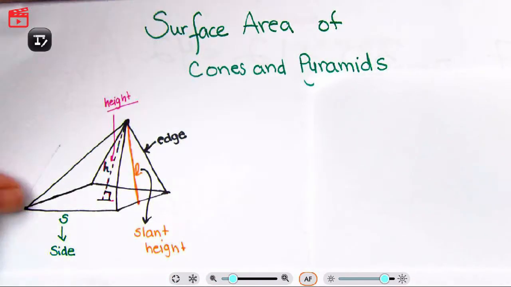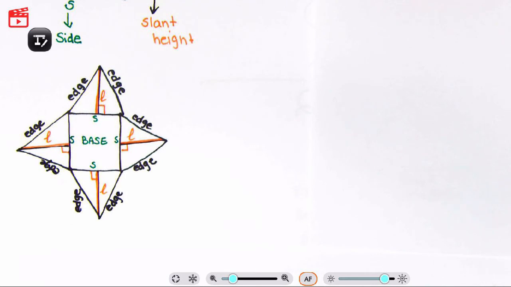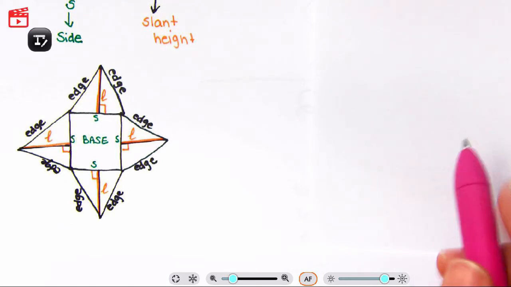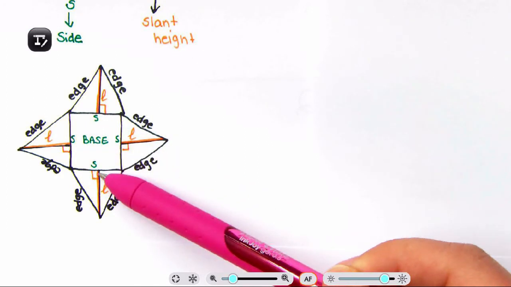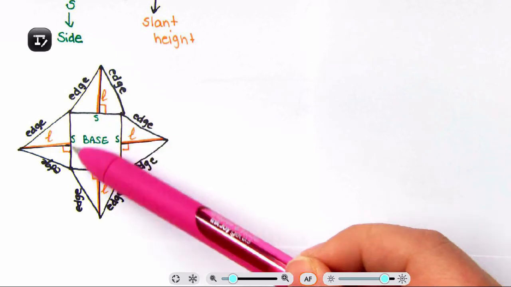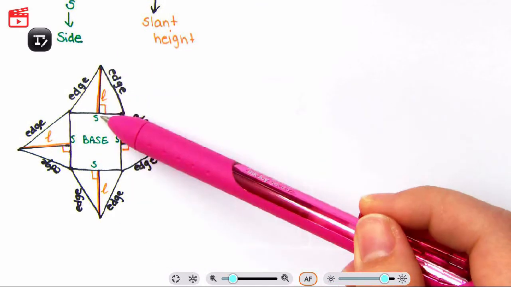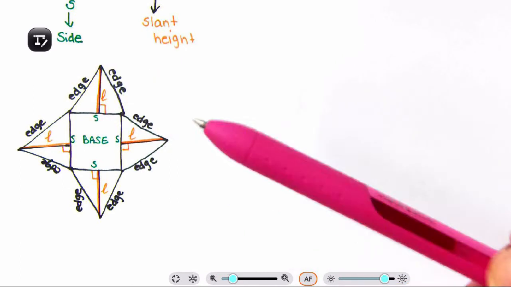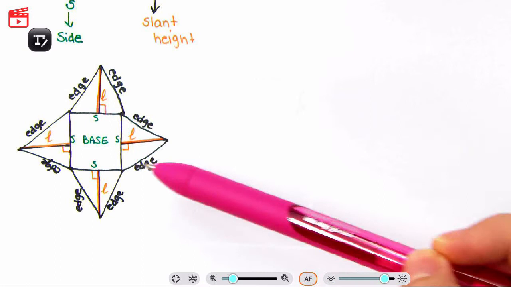Let's go ahead and I'm going to shift this up just a little bit. I'm going to give you a flat view of the pyramid. Now this here, it looks to me like it either could be a rectangular pyramid or a square pyramid, but here's your base, whatever it is. And then here you have your height, you have your slant height, and you have your edge.